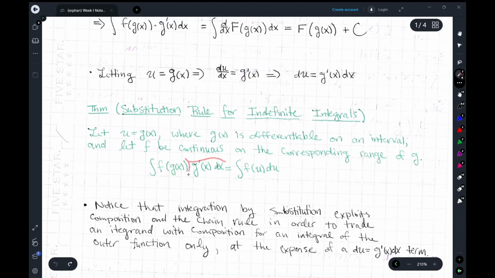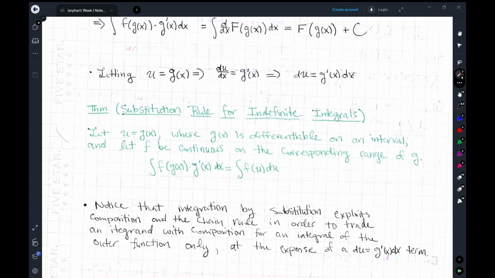Then how do we get rid of this part here, or sort of sweep it under the rug? Well, that's going to be equal to du, because of that expression right there. So instead of having this complicated part and a complicated inside expression, we could integrate with respect to u and just be looking for the antiderivative of f.